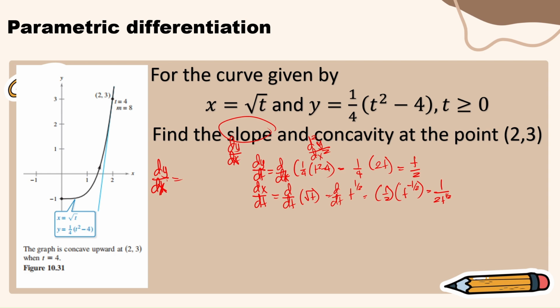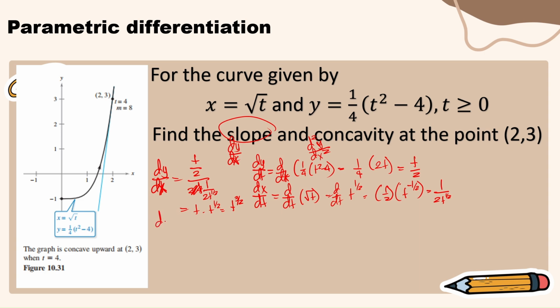So to get dy over dx, substitute lang. This is t over 2 times 2t raised to 1/2 over 1. We can simplify this one. Ga-cancel si 2. Then, aangat dito si t raised to 1/2. That will become t times t raised to 1/2, or simply t raised to 3 halves.